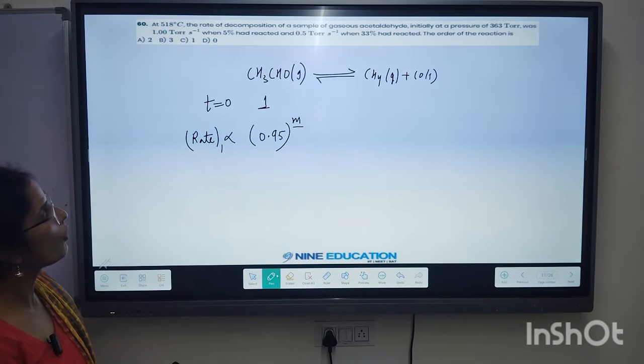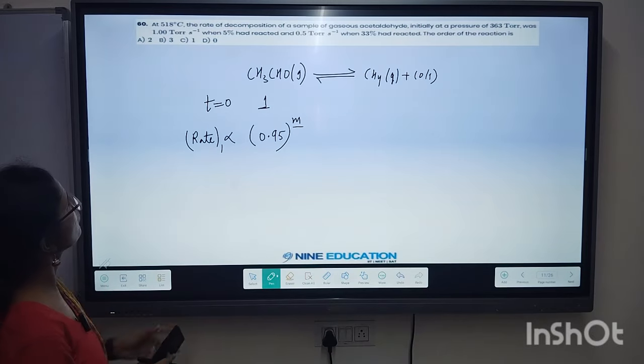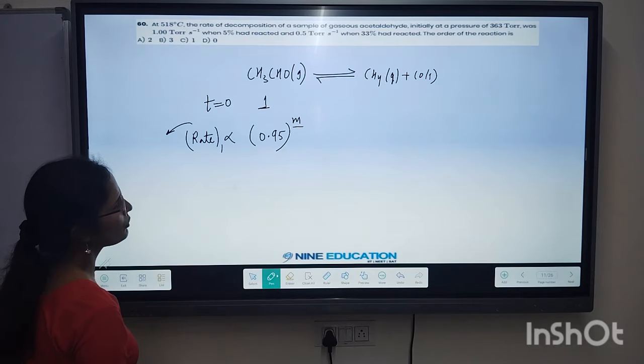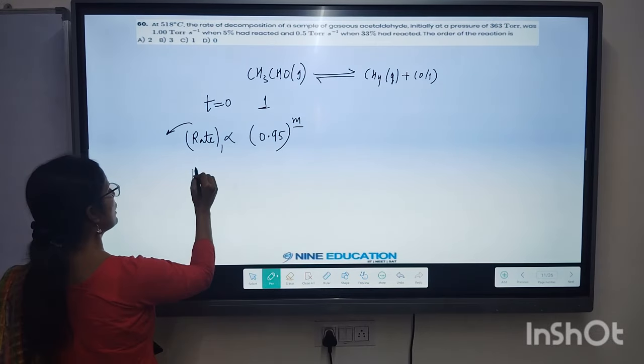Ultimately we are looking for the order of the reaction, no? So rate first is given as 1 torr per second, which is directly proportional to 0.95.